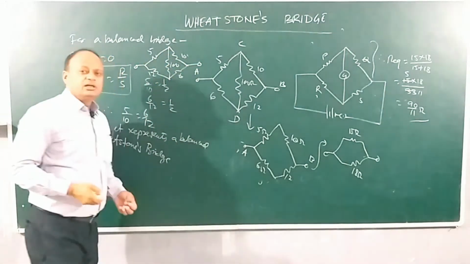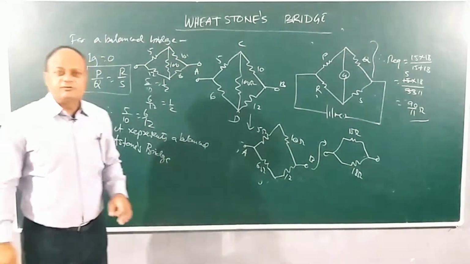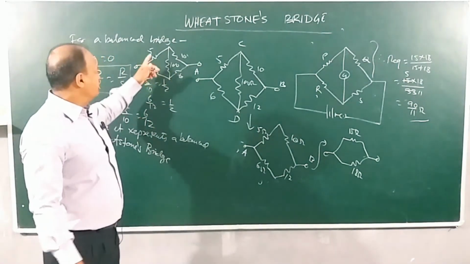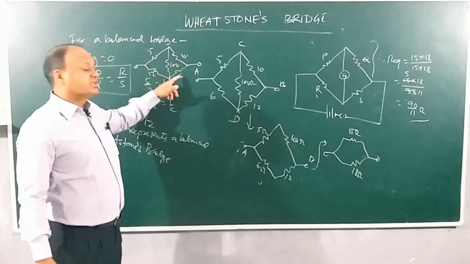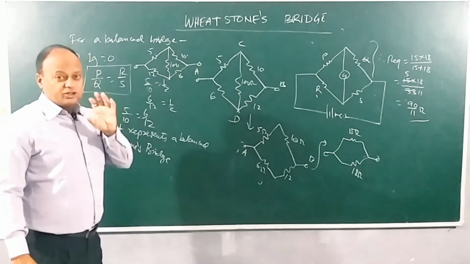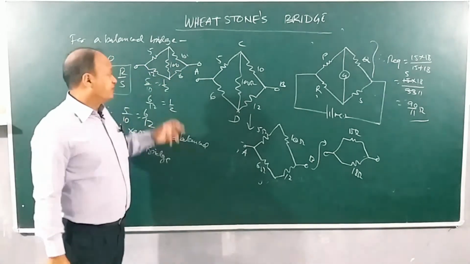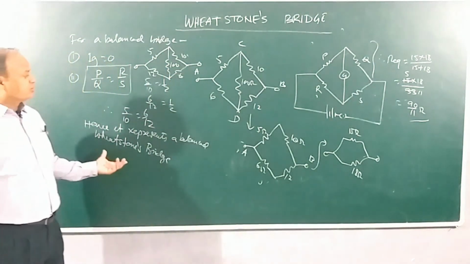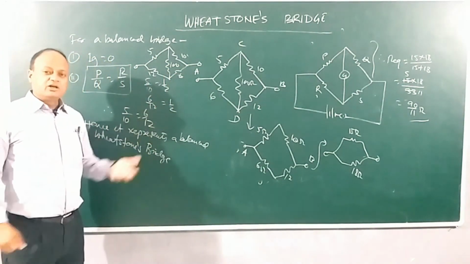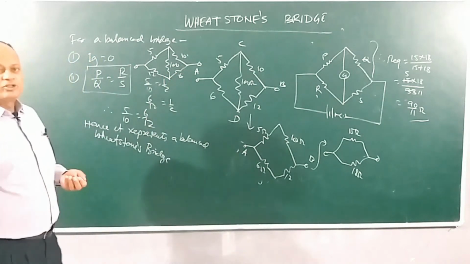Now children, does this circuit represent balanced Wheatstone's bridge? It is not. See the ratio, 5 by 10 is equal to half, but 12 by 6 is equal to 2. So they are not balanced. So you have to be very careful about deciding whether the ratio of resistance in the adjacent arms is same or not. Okay. So make sure that you understand this concept. Now I will proceed with the next topic, meter bridge.